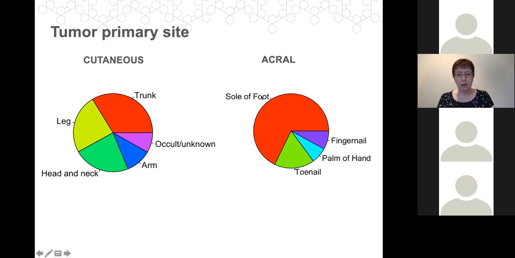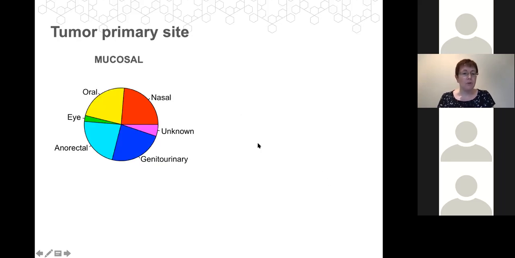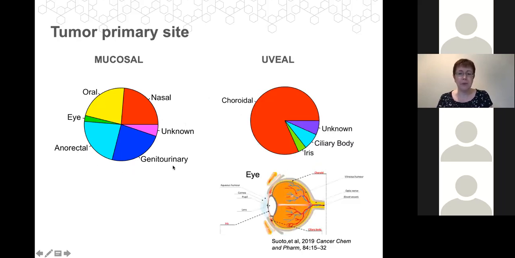Most acral melanomas do occur on the foot, but we also have some from the palm of the hand and subungual sites, which is the fingernails and toenails. For mucosals, we have about equal numbers of tumours from the upper body sites, mostly oral and nasal, and from the lower body sites, so anorectal and genitourinary tracts. For uveals, the majority are from the choroid, which is this region around here, the iris, which occurs towards the front of the eye, and then the ciliary body.